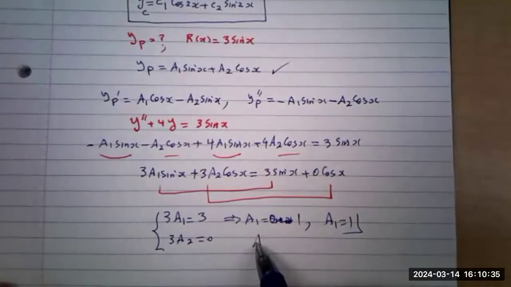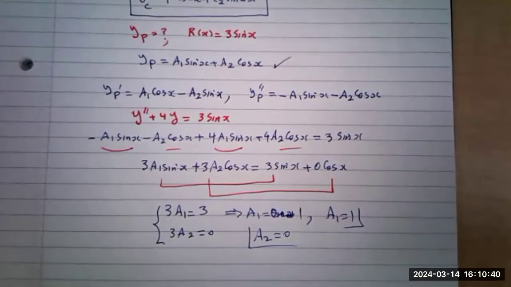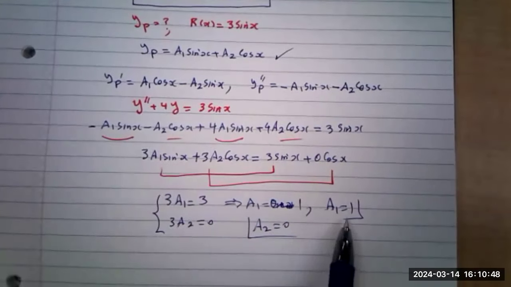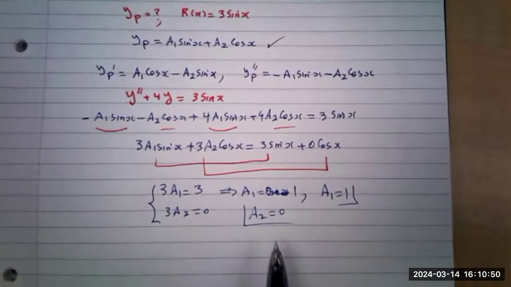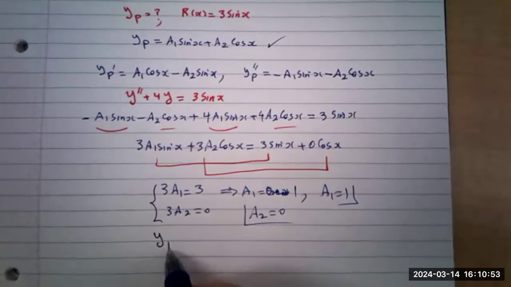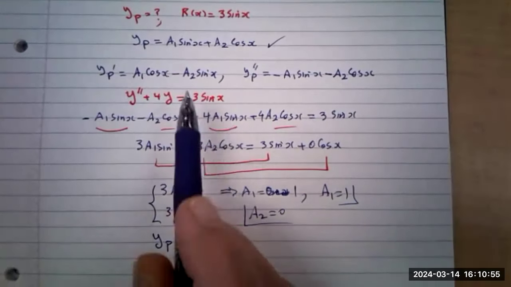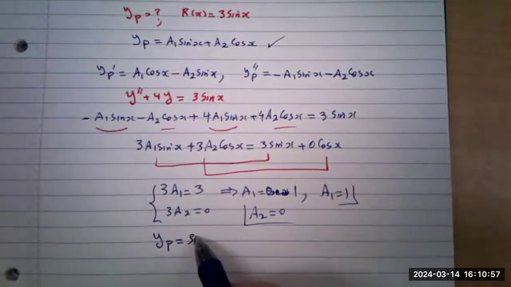And from the second one, we get a2 equal to 0. So your yp would be just sine x, because a1 is 1 and a2 is 0.